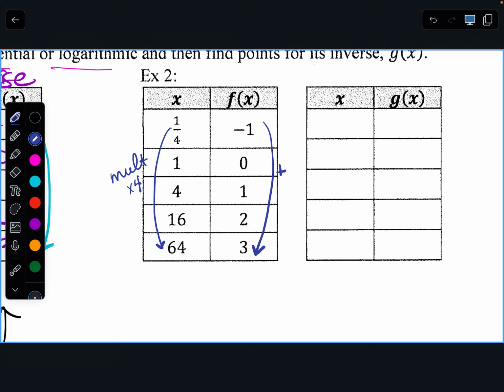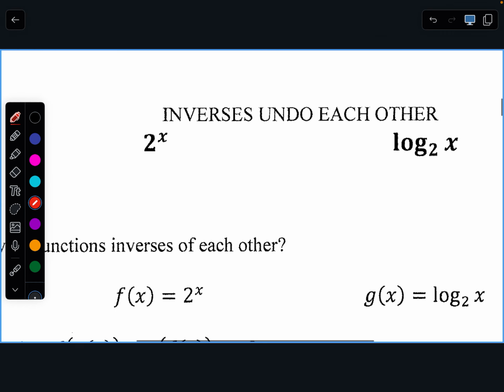So let's talk about these inverses and how they undo each other. So here at the top, we're going to be looking at 2 to the x, which is an exponent, and log base 2 of x. When we're talking about how inverses undo each other, if I know that this is exponential, the way that it would be undone is if we apply a log of the same base.